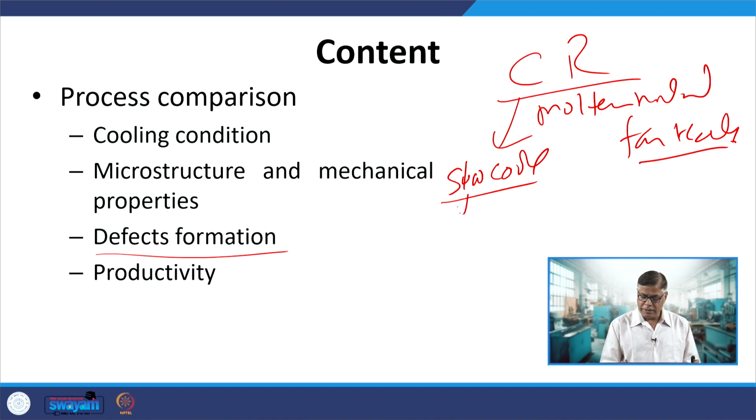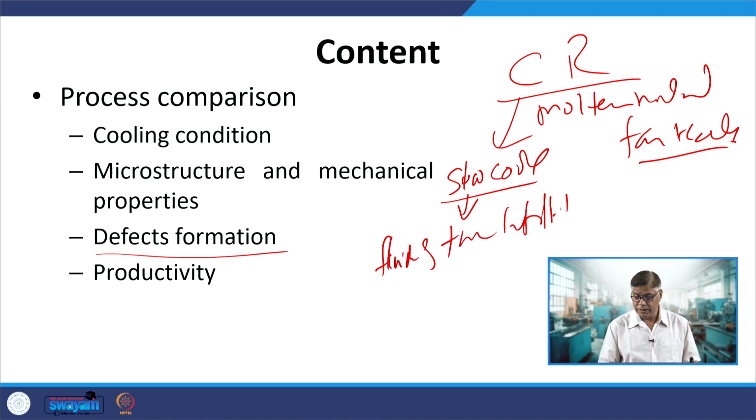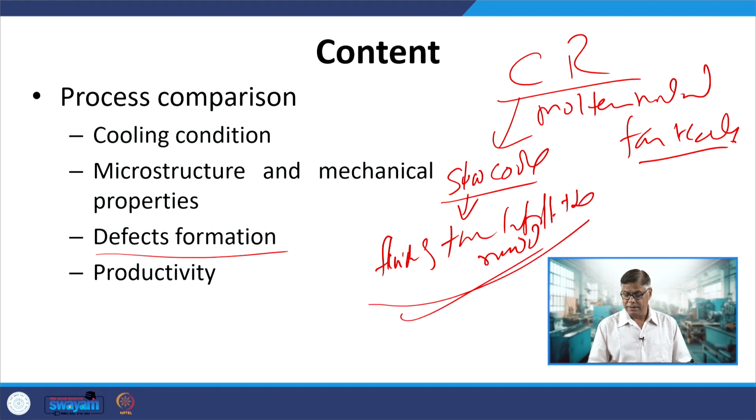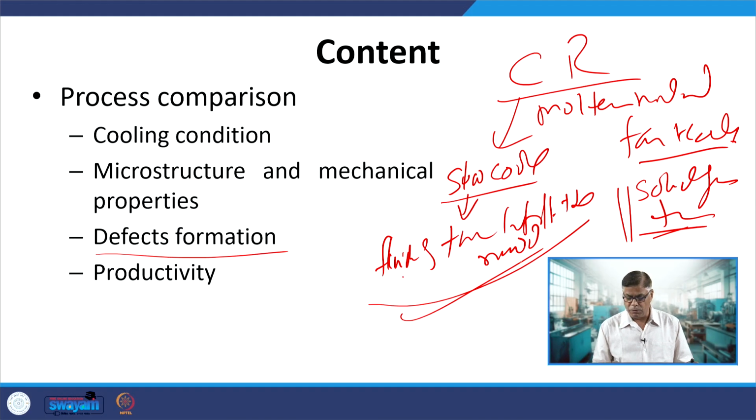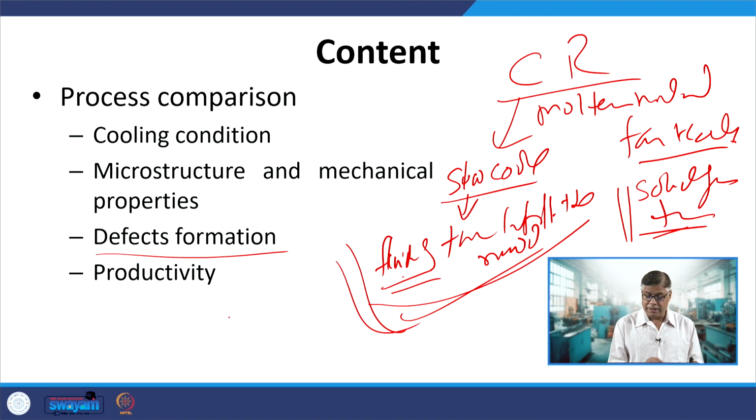This affects the fluidity and the time to fill the mold, two very important aspects, apart from the solidification time. Whether the solidification time is less or more, fluidity is less or more, or the time to fill the mold cavity is less or more, these things significantly affect defect formation during casting by the sand mold or by the metallic mold, the die casting.